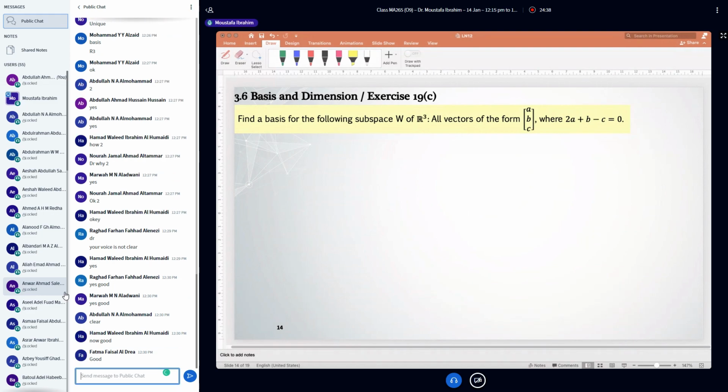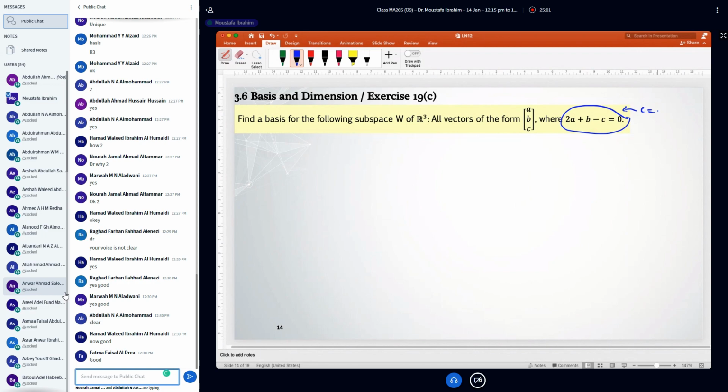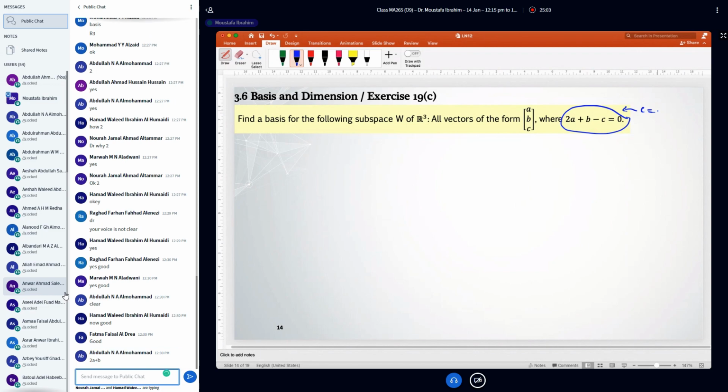Very good. So here again, guys, we have subspace W. The form is (a, b, c) such that 2a plus b minus c equals 0. So here we can write one variable in terms of the others. Which one? Let's move c to the other side. What do we get? c equals 2a plus b.